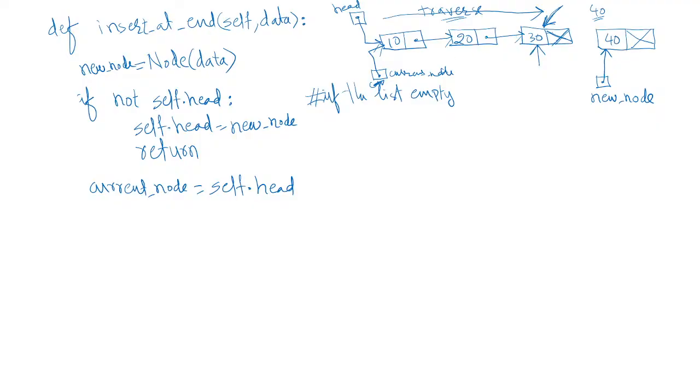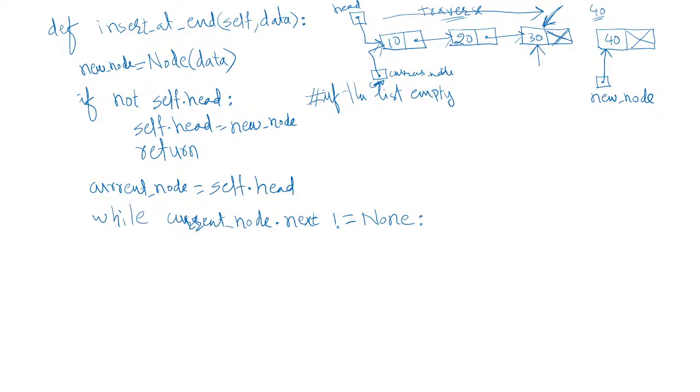For that you need to traverse the list, and you should use a while loop here. So while current node dot next is not equal to None, that indicates that there is one more node.